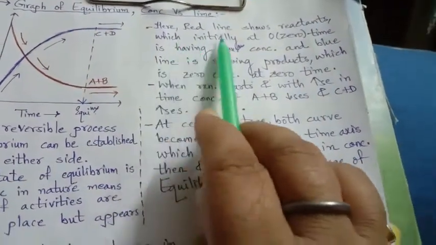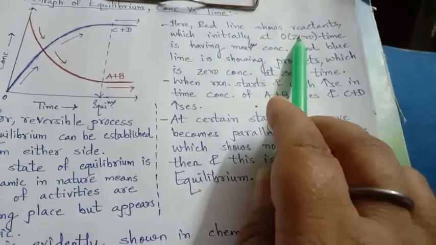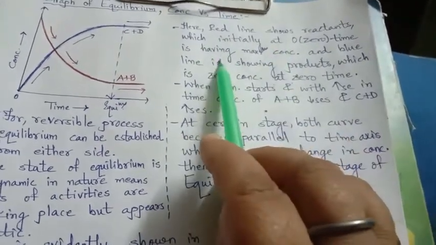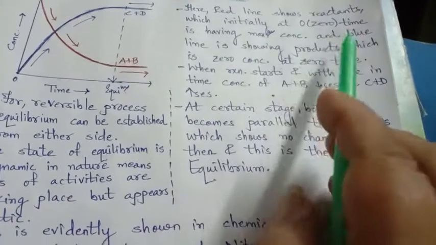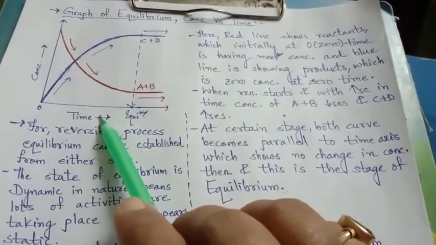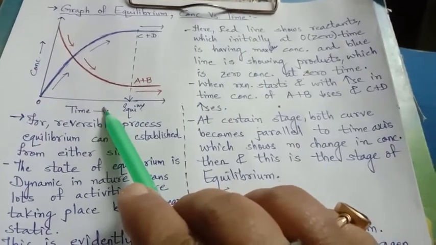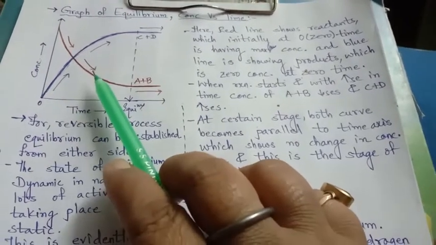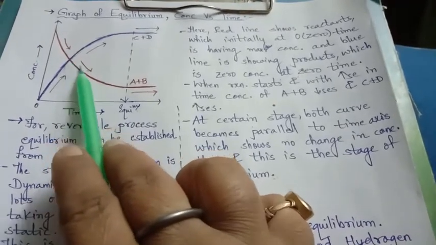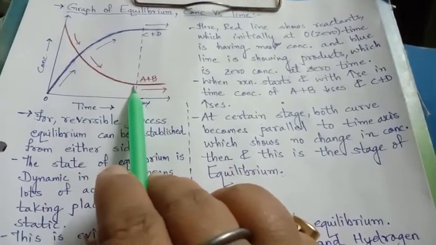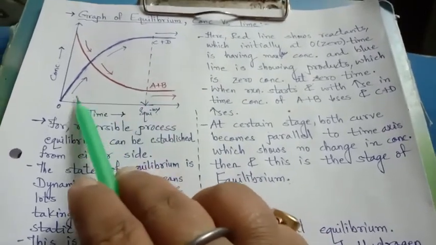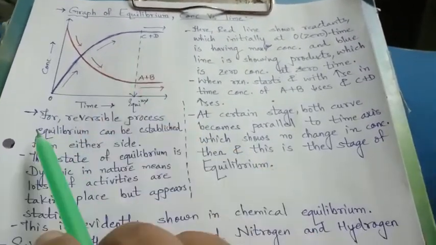So here the red line shows reactants, which initially at 0 time have more concentration, and the blue line shows product, which has 0 concentration at 0 time. When the reaction starts, with the increase in time, the concentration of A plus B decreases and that of C plus D product increases.